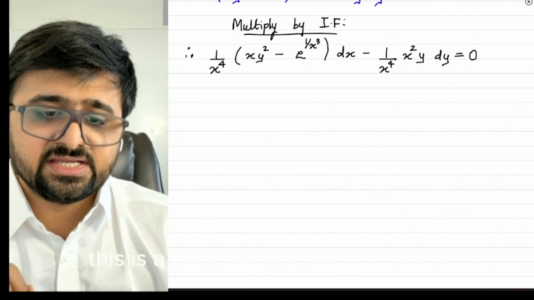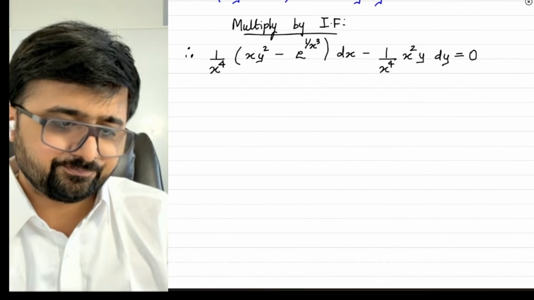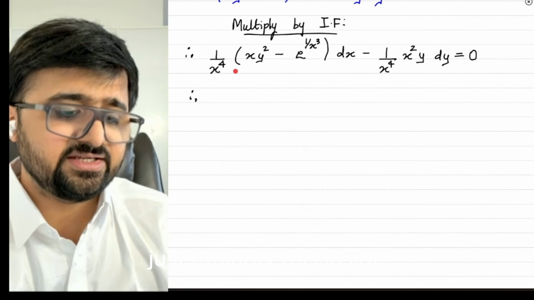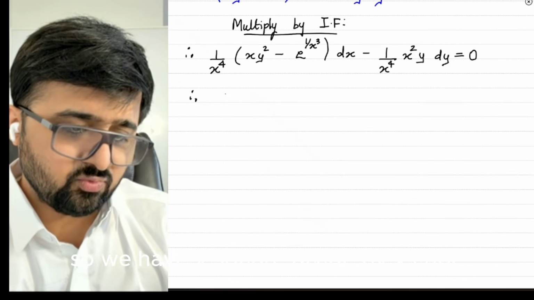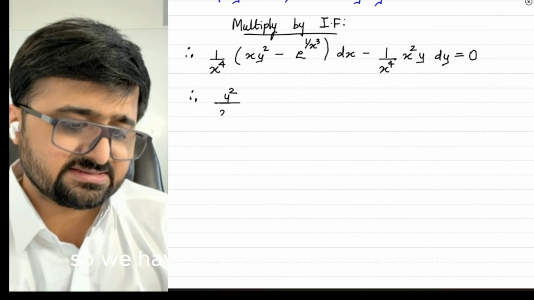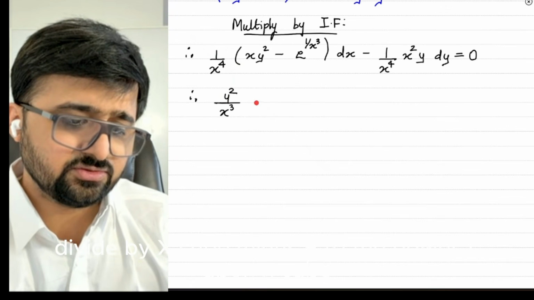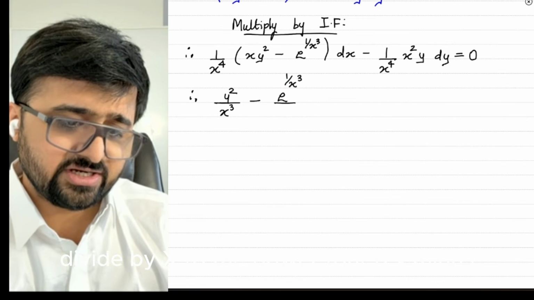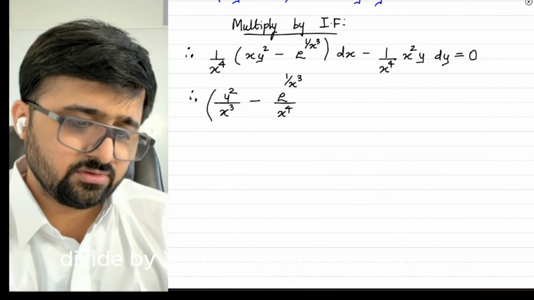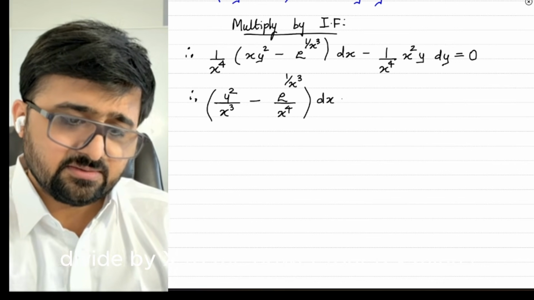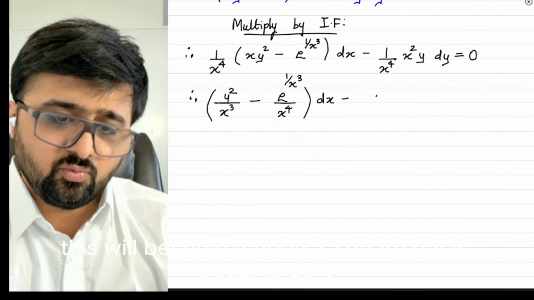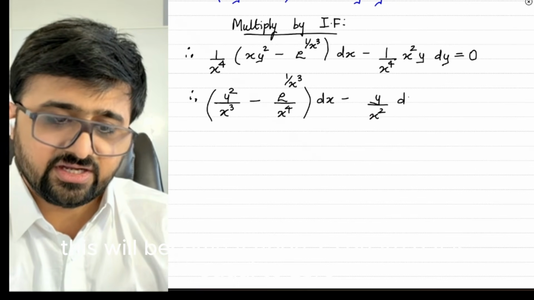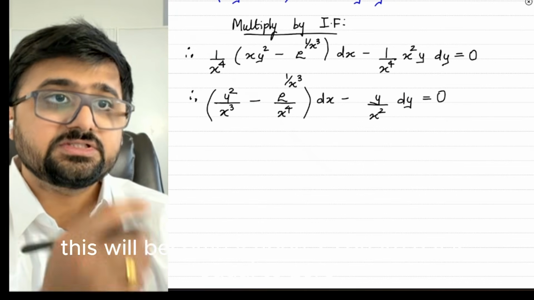Let's simplify this a little bit. Multiplying inside, we have y square divided by x cube minus e to the power 1 upon x cube divided by x to the power 4 dx minus y upon x square dy is equal to 0.